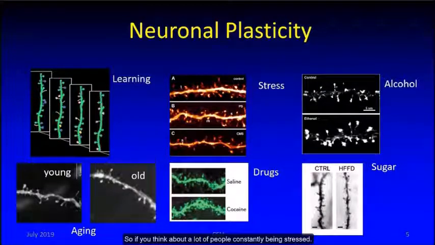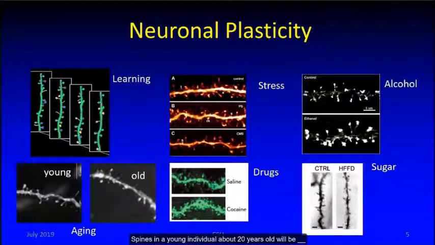Think about a lot of people constantly being stressed, not when you just put way too much stuff in your timetable and run around, but stress like you don't know how to put food on the table or how to pay the rent. It actually causes a slight degeneration of the spines. In the individual that drank too much alcohol, the spines get really big, they kind of balloon up.